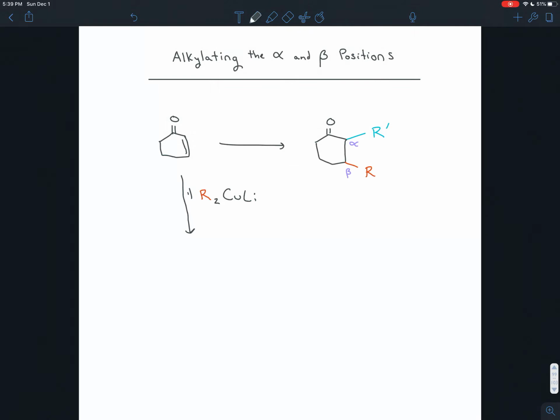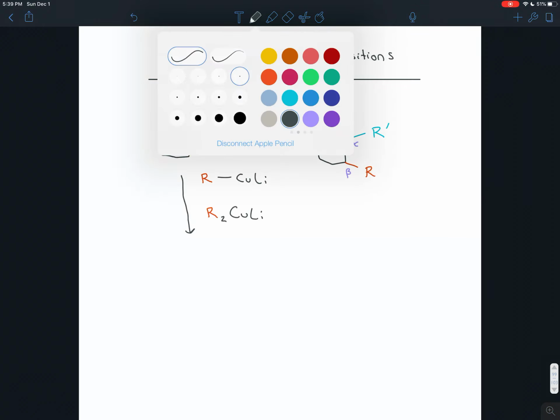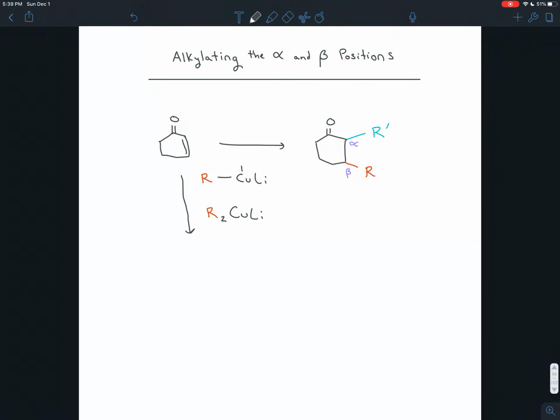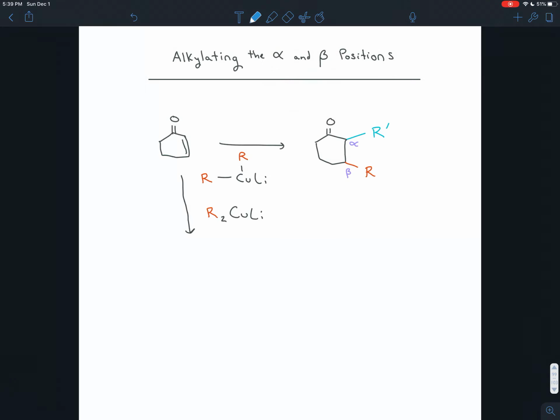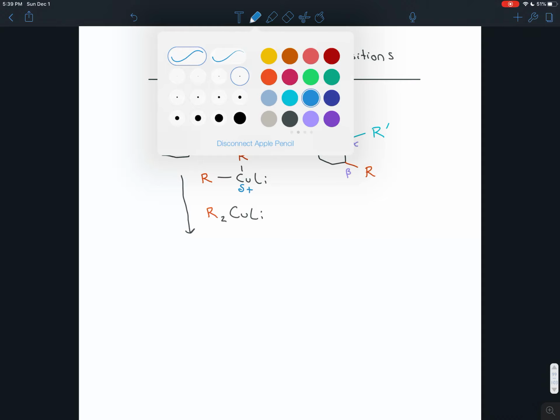Now, with these Gilman reagents, the carbon, represented by the R, is bonded to the copper. And because the copper is a metal, now it is kind of in the middle of the periodic table, so it has decent electronegativity, but because it's a metal, its electronegativity is very low relative to nonmetals.